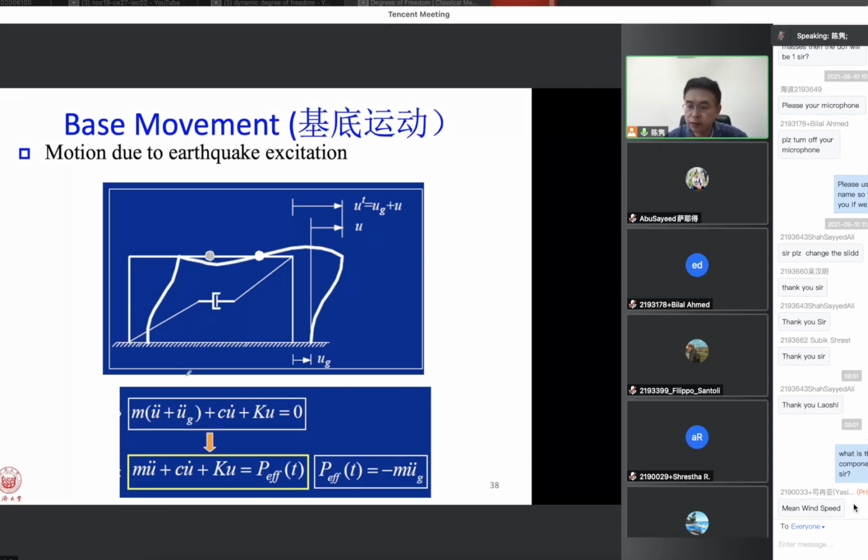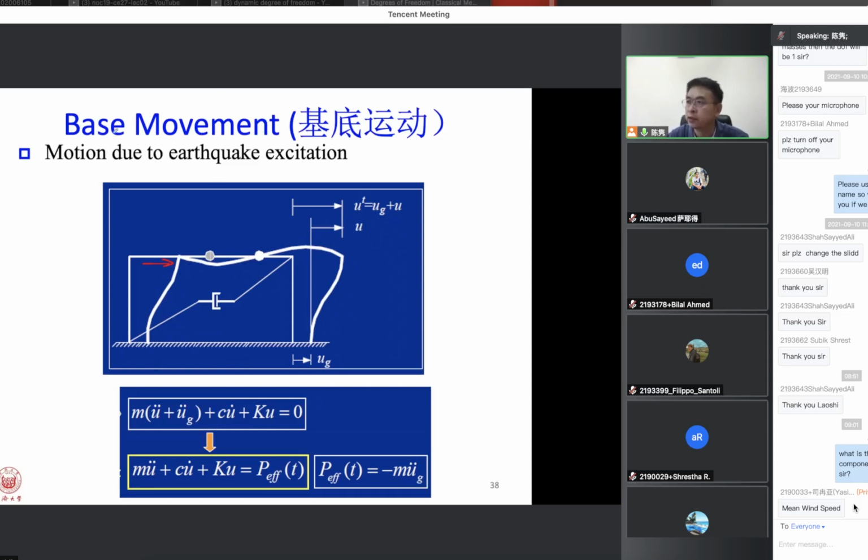If there are earthquakes at the foundation of the structure, the basement is moving, and because this is an elastic structure, due to the inertial force it starts to vibrate. So it seems there's no external force applied here. It's just the movement of the basement.